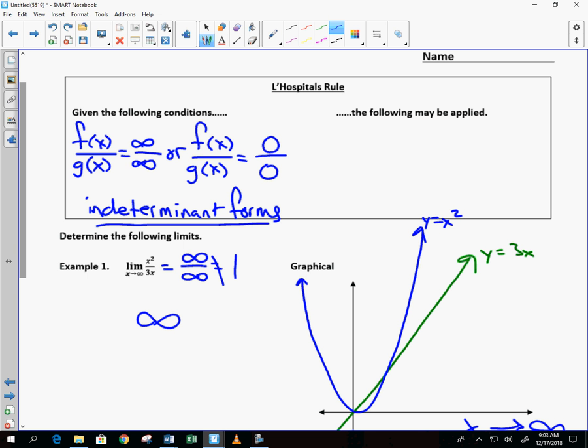Back to indeterminate forms. You don't know what infinity divided by infinity is. Maybe it's 1. Maybe it's 0. Maybe it's 5. You don't know. In this situation, 0 divided by 0. 1, 20, 15. You don't know what it is. We cannot simply say, well, infinity divided by infinity is 1. So how do we work through indeterminate forms? And please note, there are more indeterminate forms than this.